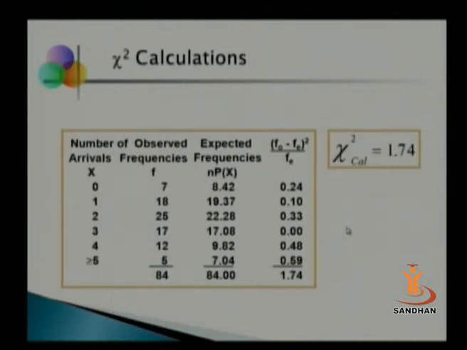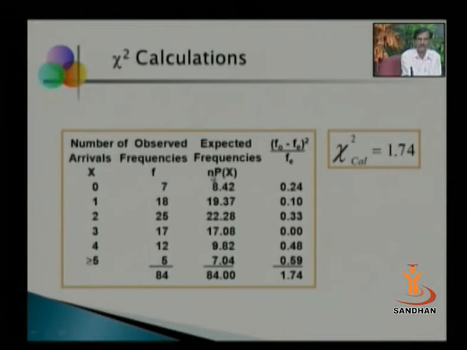Now once we have the Poisson probabilities, if you multiply those Poisson probabilities by n, the total number of observations, we get the expected frequencies. So these are the expected frequencies. If you observe, this is the value of x equal to 0, this is the observed frequency.